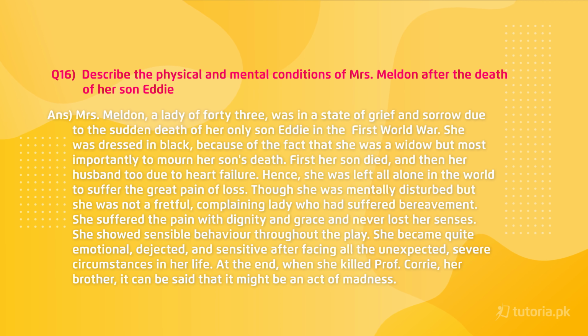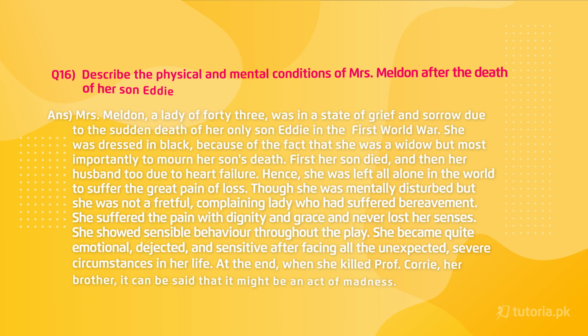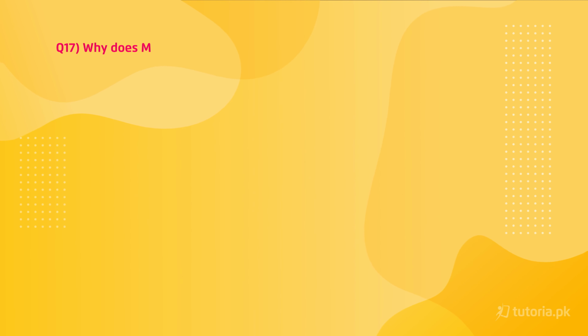Though she was mentally disturbed, she was not a fretful, complaining lady who had suffered bereavement. She suffered the pain with dignity and grace and never lost her senses. She showed sensible behavior throughout the play. She became quite emotional, dejected, and sensitive after facing all the unexpected, severe circumstances in her life. At the end, when she killed Professor Corey, her brother, it can be said that it might be an act of madness.